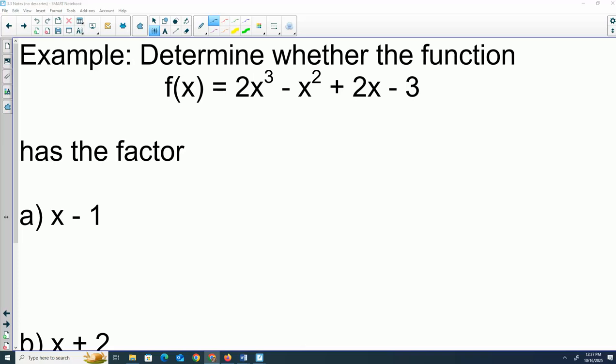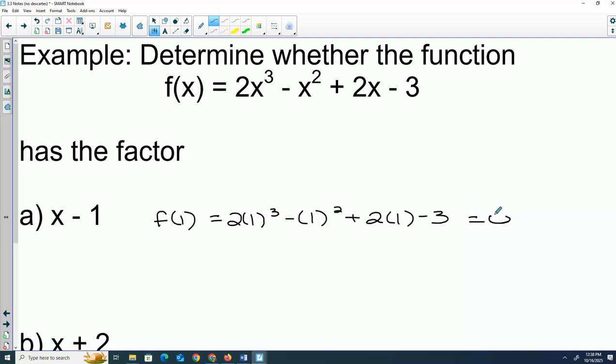Careful, we didn't put in the whole thing. We did 1. What makes x minus 1 zero? That's a 1. So we figured out what f of 1 is. That was our remainder theorem yesterday. So I'm going to just plug in a 1. And what do we get? 0.